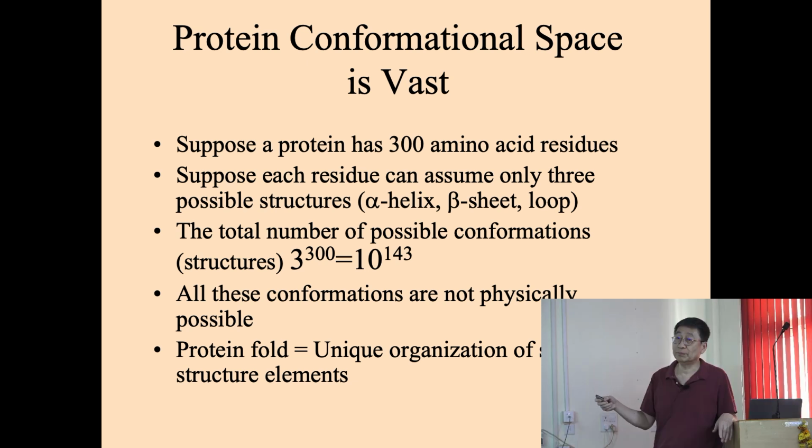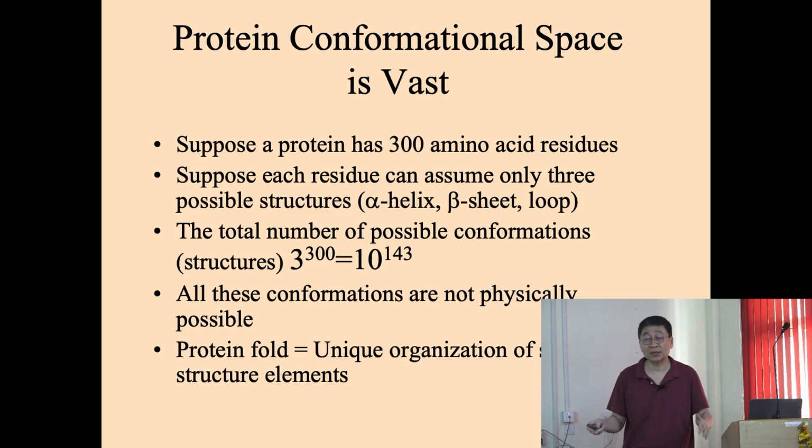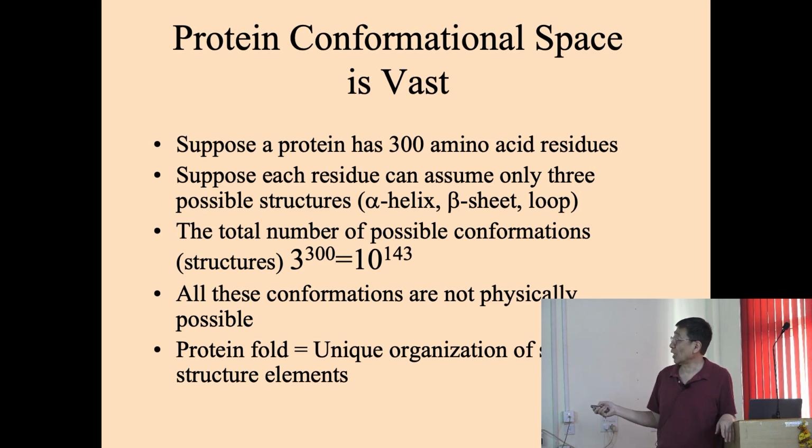Based on a very simple-minded consideration, the total number of possible structures will be 3 to the 300th power, if each one is independent. They're not completely independent, but bear with me. That's a huge number. The vast majority of that is not possible, but even if 0.0001% were possible, you would still have a huge number.